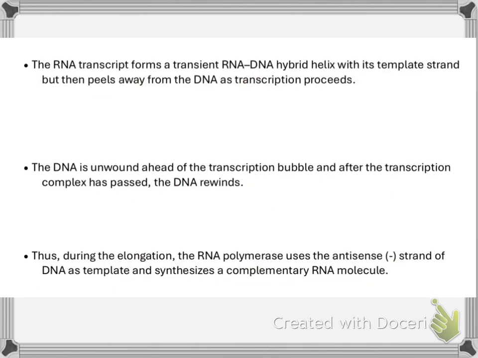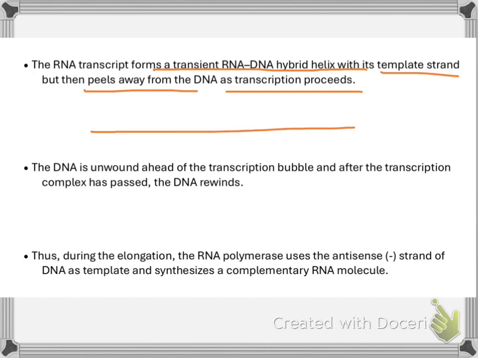The RNA transcript forms a transient RNA-DNA hybrid helix with its template strand and peels away from the DNA as transcription proceeds. Consider this is the DNA to be transcribed. Here the RNA polymerase binds and the mRNA is synthesized from here like this.